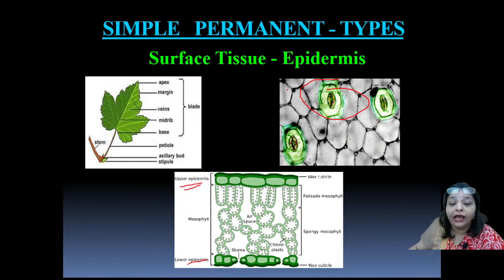Around these guard cells there are subsidiary cells, which are epidermal barrel shaped cells. So that is the surface tissue that actually combats the surrounding environment.